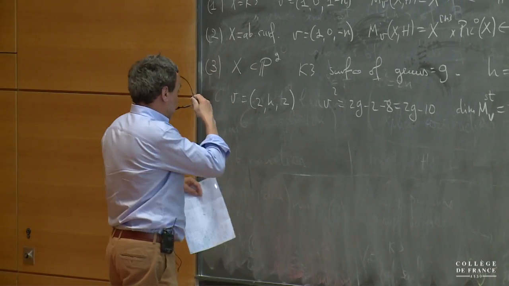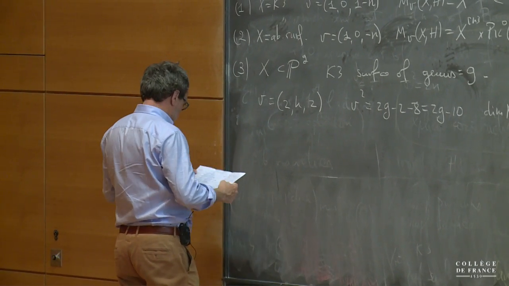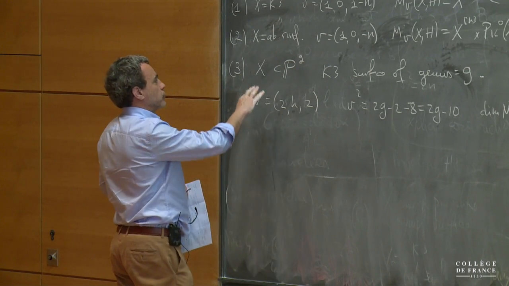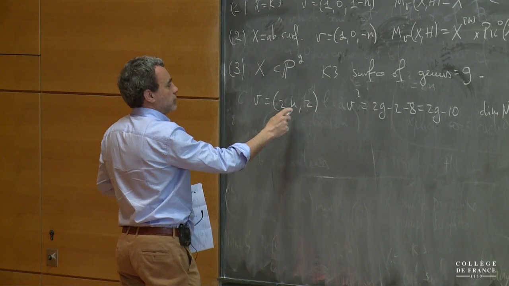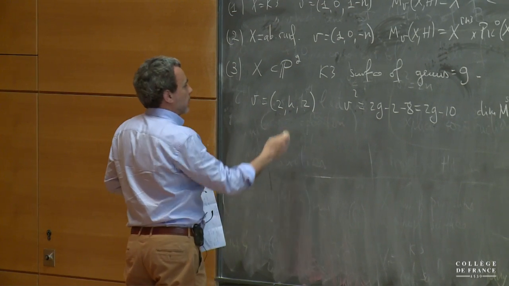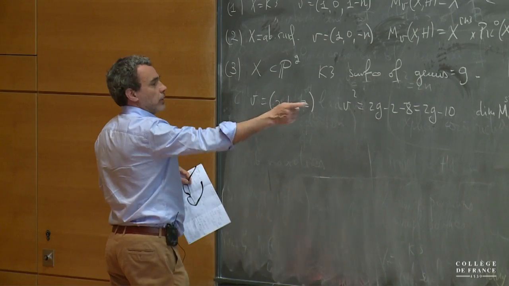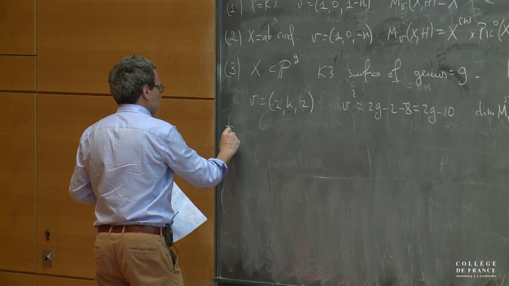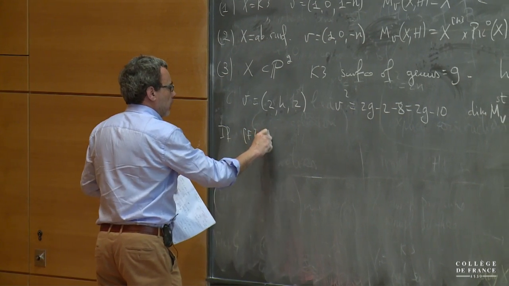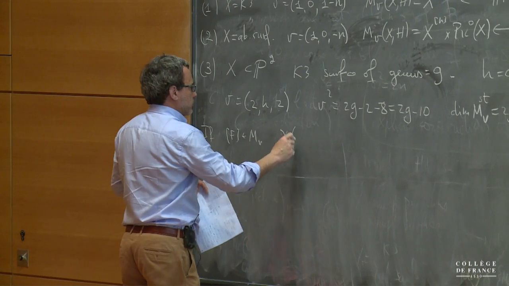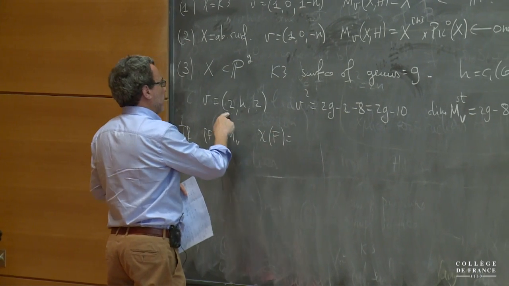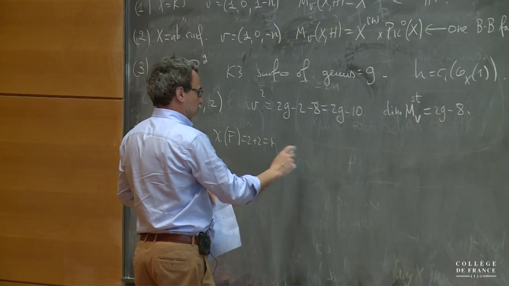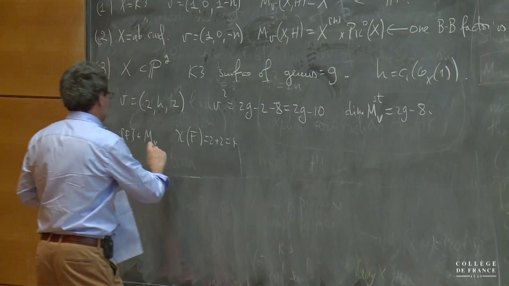Okay. So now, what do we have? Let's ask ourselves, what should this look like? These are rank 2 sheaves with c1 equal to H and some Chern class, which you can work out. If F is in this moduli space, the Euler characteristic of F, as I said, you sum r plus s, is 2 plus 2, equal to 4.